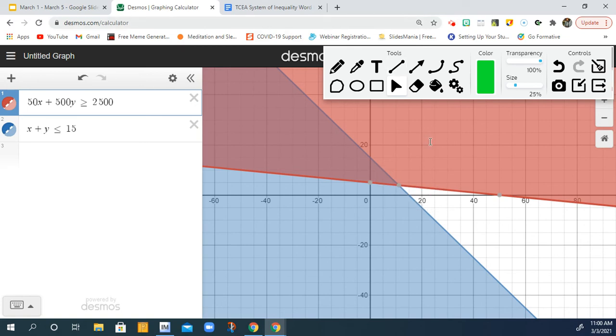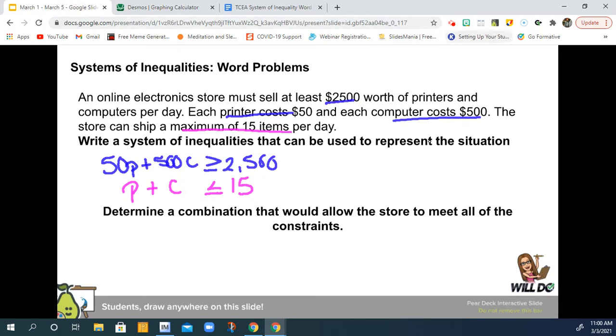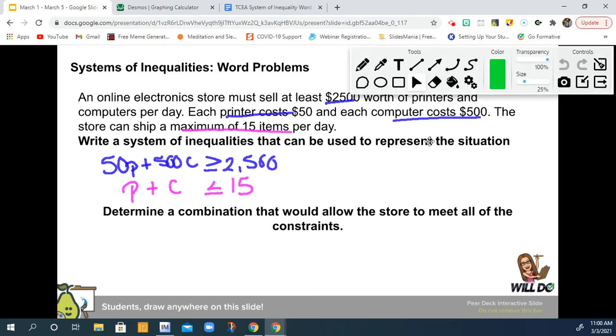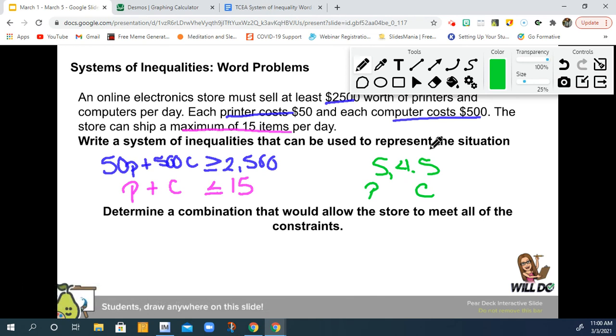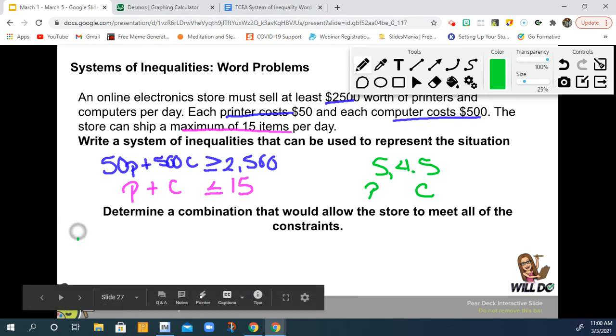We'll use that one. 4.5 shows up. Let's try 5, 4.5. 5 was the printers. 4.5 would be the computers. Okay, so let's see if this works. 5 plus 4.5, printers plus computers, is less than or equal to 15.